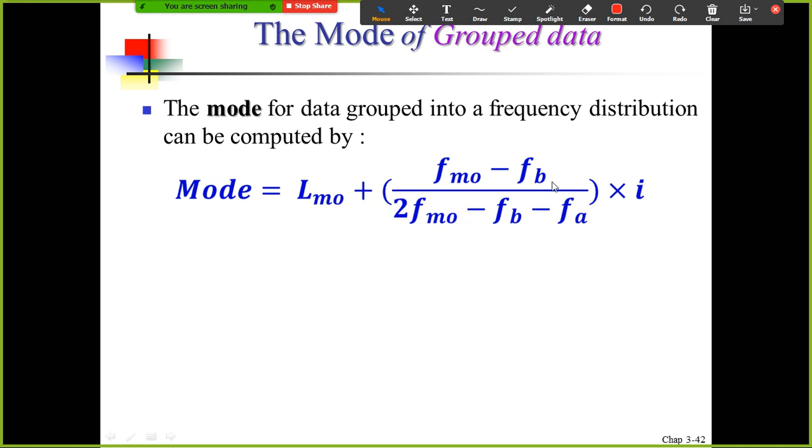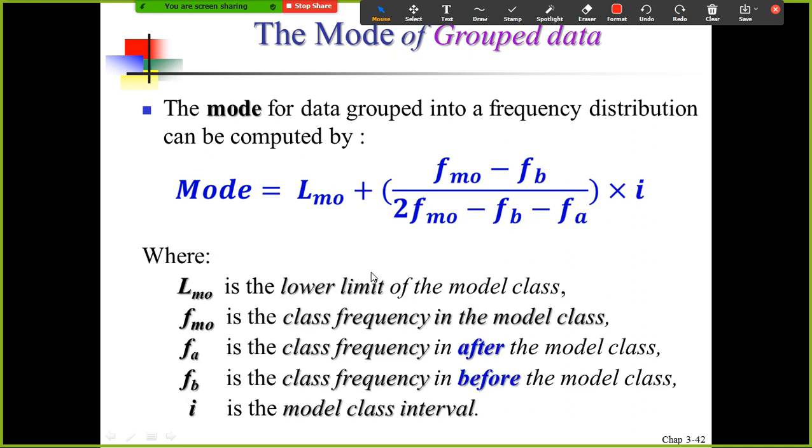So plus division. Division of what? Division of F mode minus FB. What is F mode? What is FB? Divided by 2 F mode minus FB minus FA, multiplied by I. Okay, look at them.